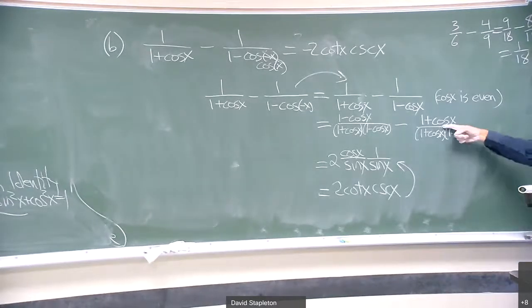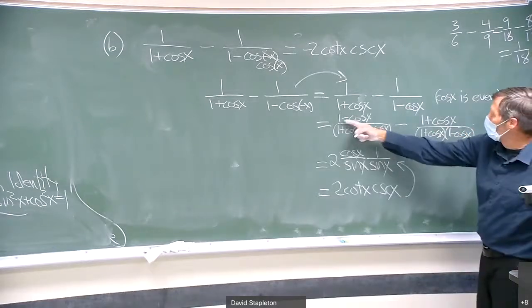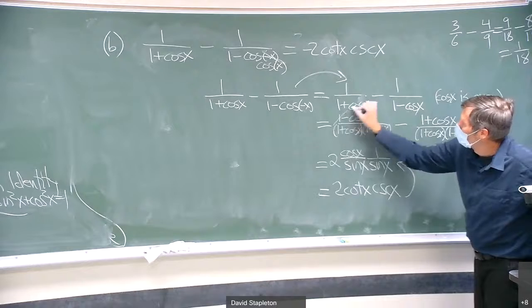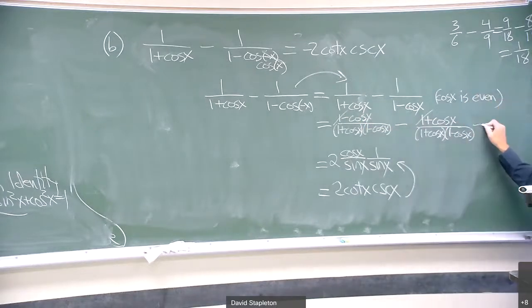And now what can I do with this? I subtract them over the common denominator, right? 1 minus 1, they cancel. Minus cosine x and minus cosine x, I get minus 2 cosine x all over the common denominator, 1 plus cosine x, 1 minus cosine x.